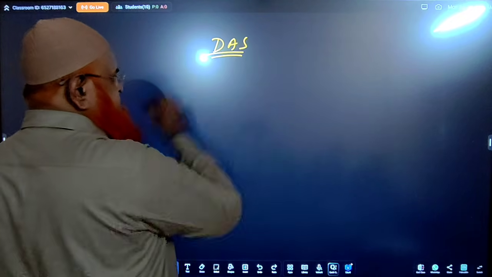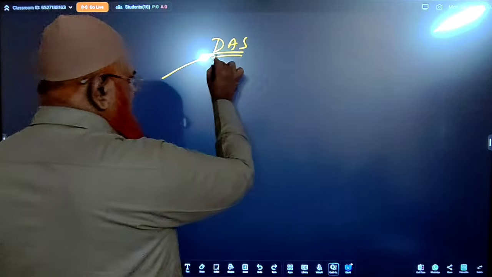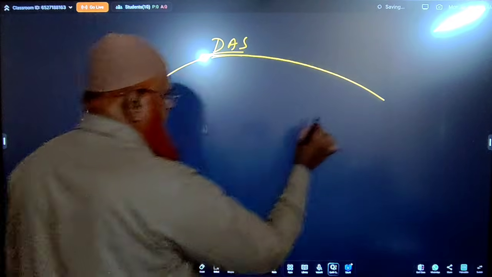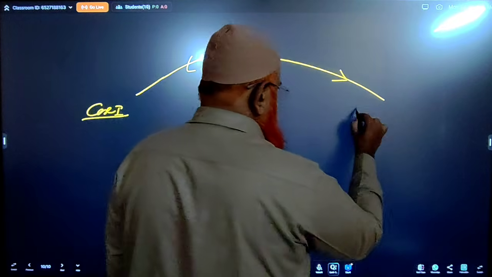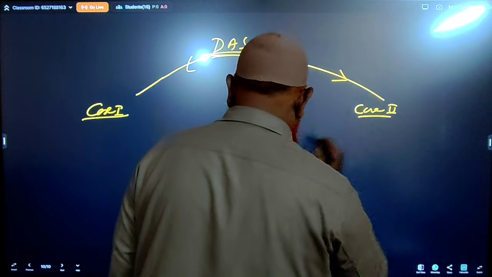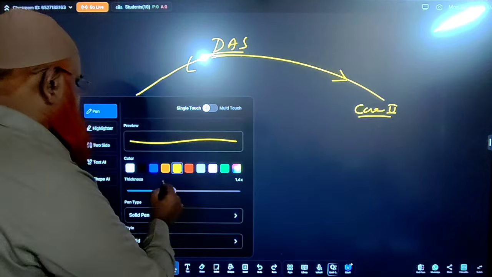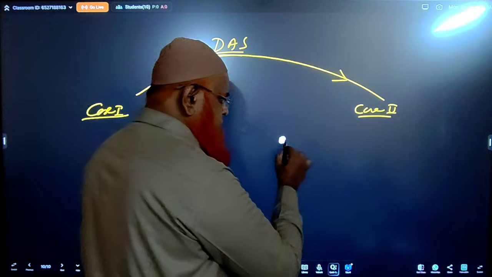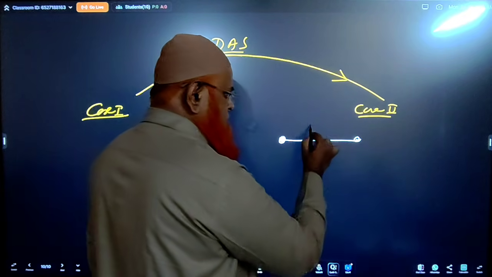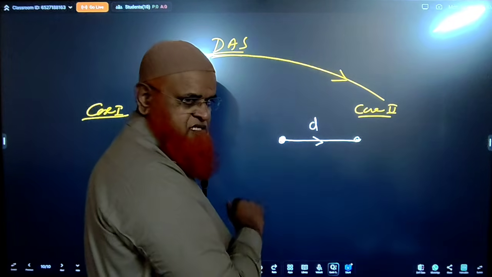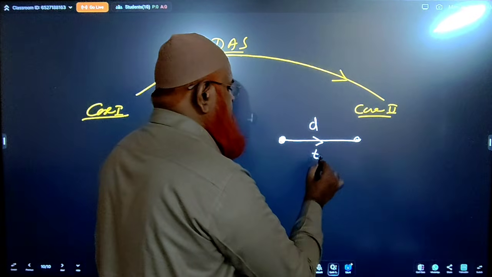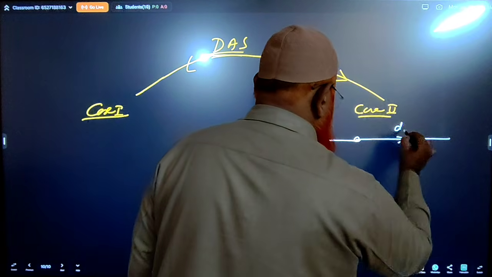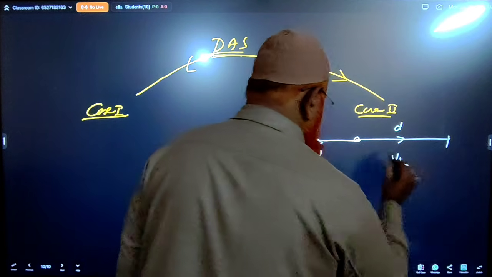In distance average speed, I have told that there are two cases. This is case 1 and the other one is case 2. What is the difference between these two cases? Let us see. Here, a body has traveled the same distance in speed v1 and the next distance in speed v2.